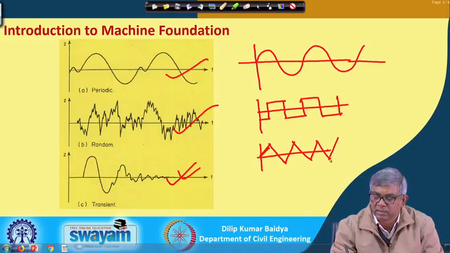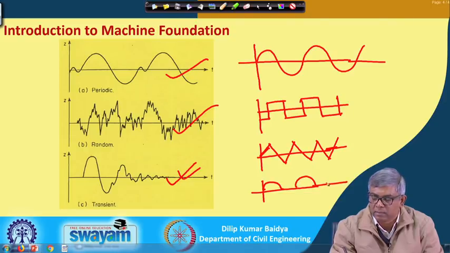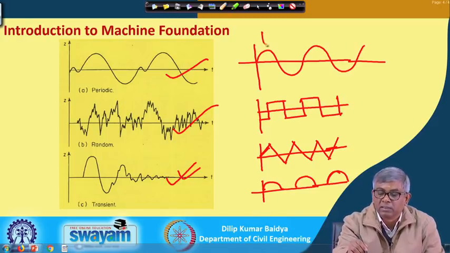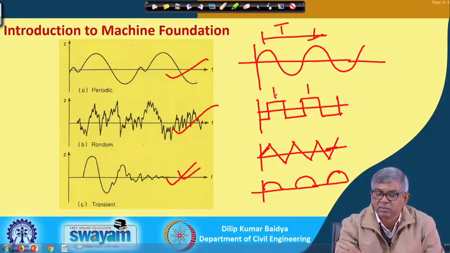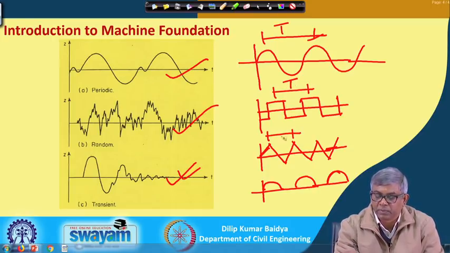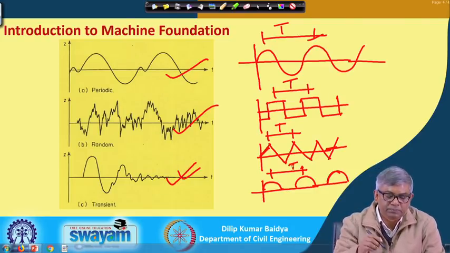If force acts like this, this is also periodic, or even if it acts like this, this is also periodic. So, periodic means this is the time period t after which this is repeating. Here also this is the time period t, and for this, the time period t is the interval after which this is repeating. Okay. These are all different types of periodic loading.